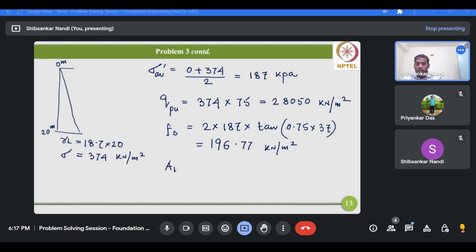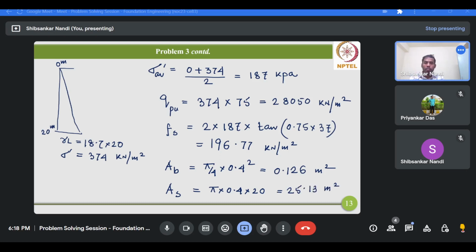So AB is basically pi by 4 into 0.4 square, so this is 0.126 meter square, and the surface area is pi into 0.4 into 20, so this is 25.13.